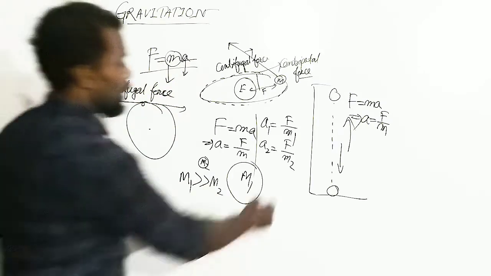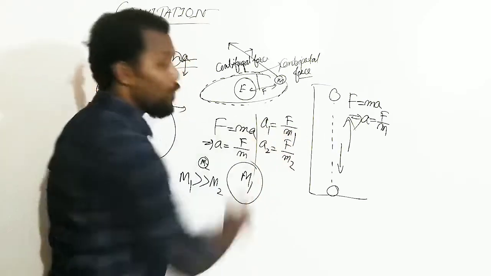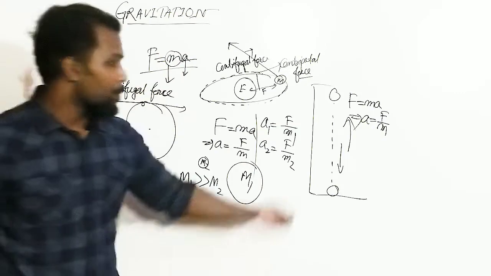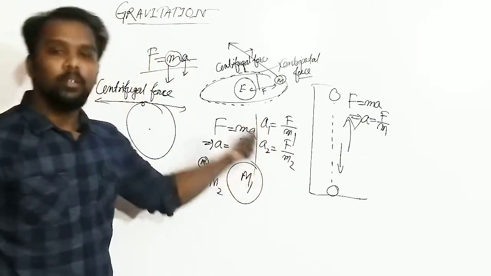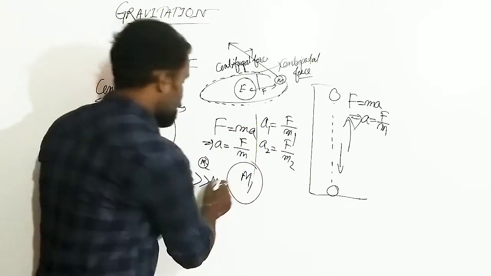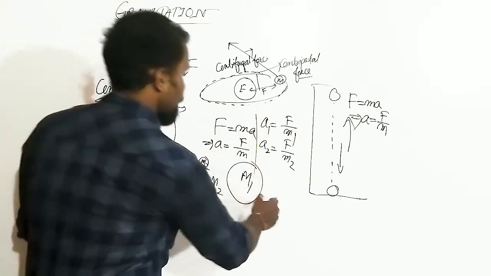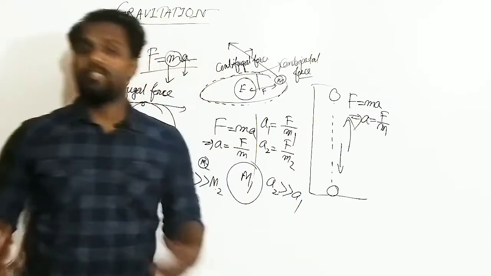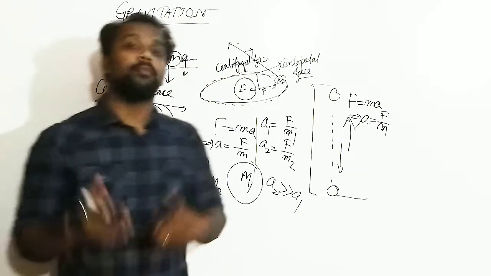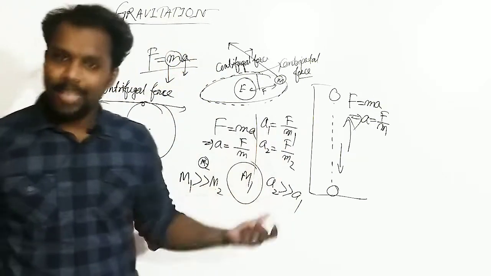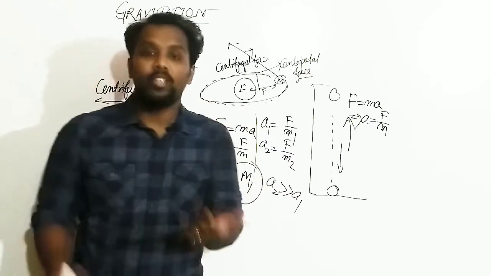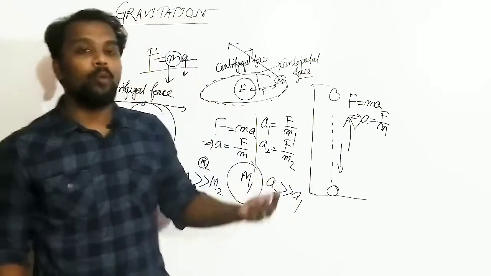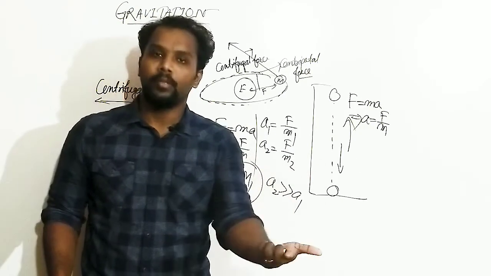That means if mass becomes greater, acceleration is going to be less. If mass becomes less, acceleration is going to increase. Since acceleration is inversely proportional to mass, for the ball, whose mass is less, the acceleration is going to be higher compared to the Earth.